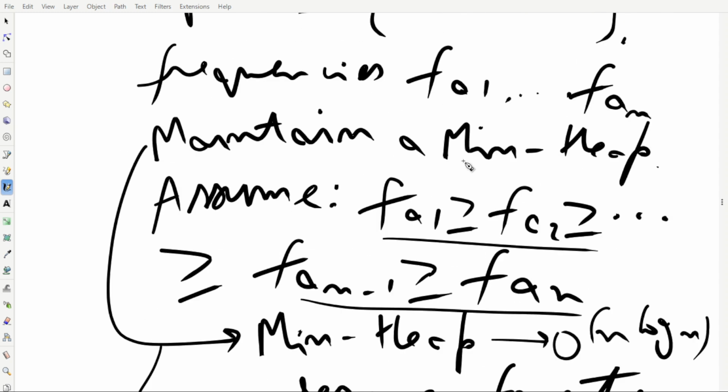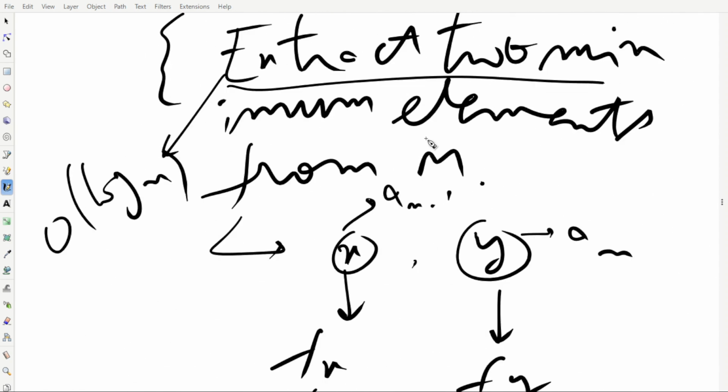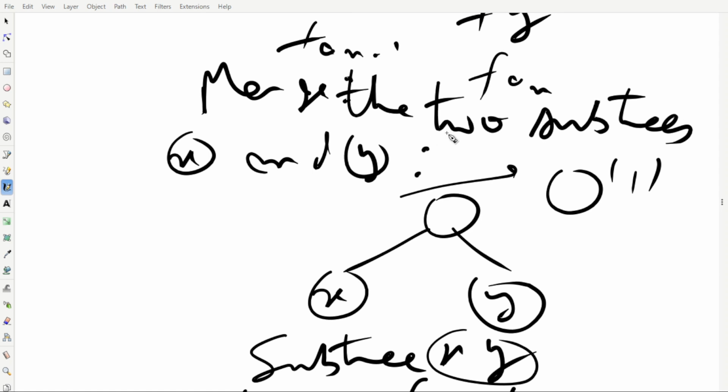And here also we can see the three characteristics of greedy algorithm. The first is we are incrementally building the solution even before solving the subproblem.